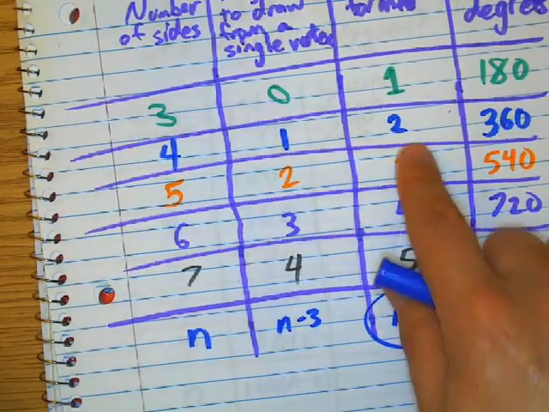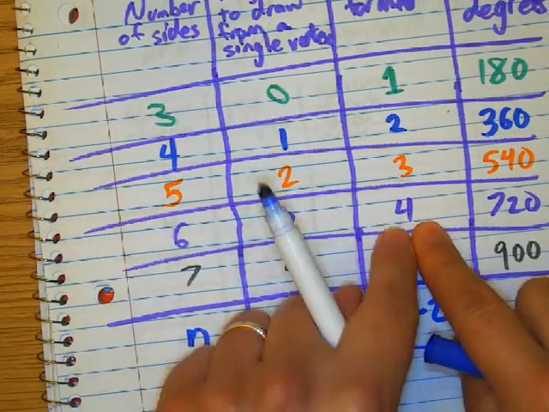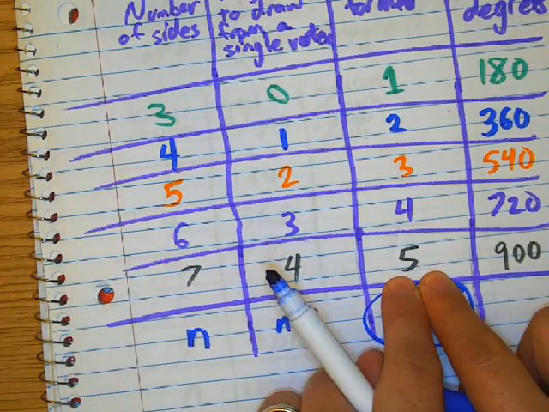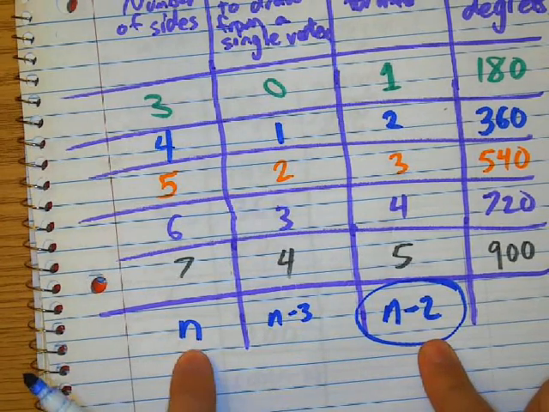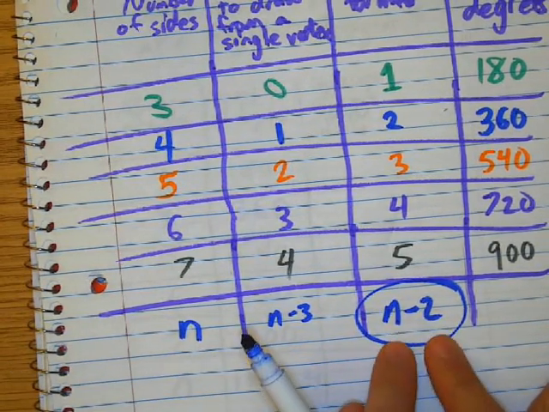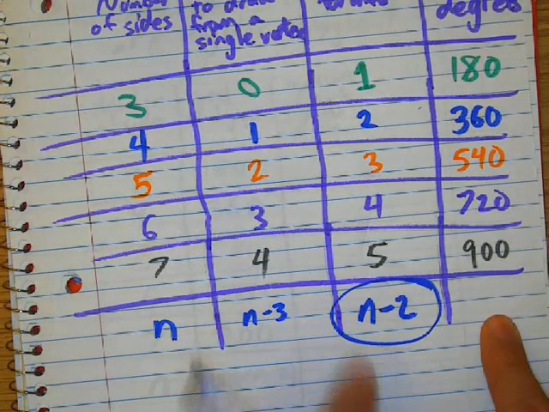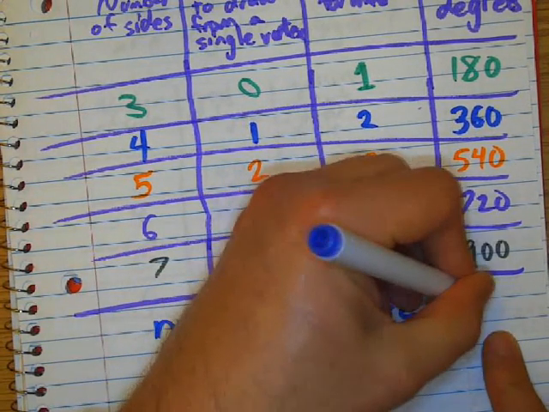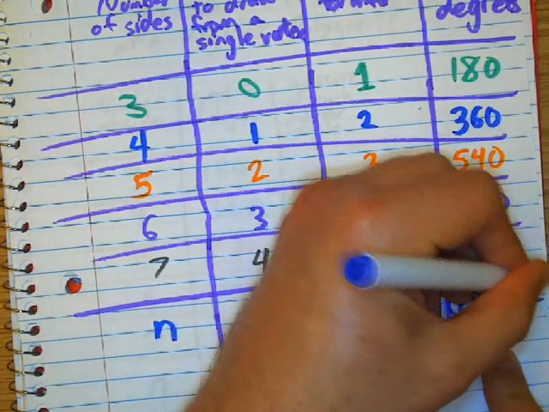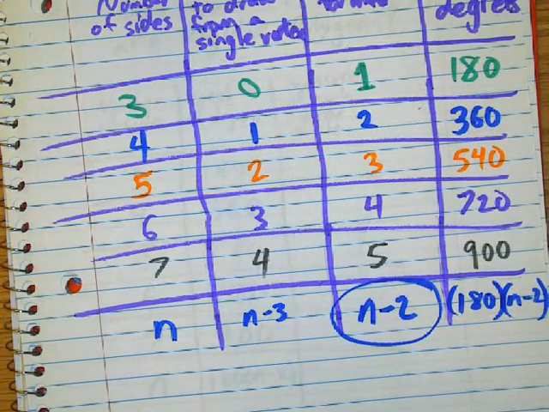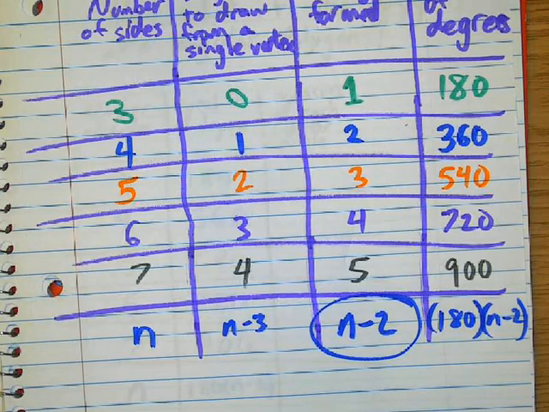If I've got 100 sides, I'm going to break it into 98 triangles, 2 less than that. And so to get the total number of degrees, it's 180 times n minus 2. And that will give me the formula to find the total number of degrees for any polygon.